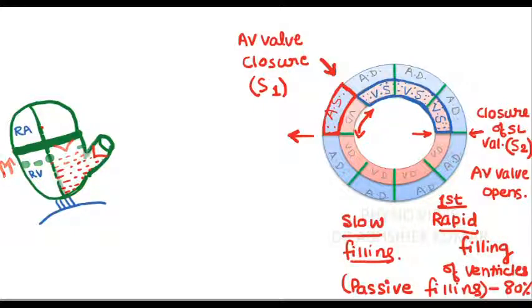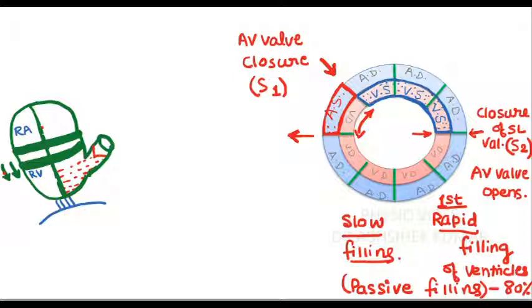Now, two important points should be noted. In the beginning, we saw that as the ventricles contract, this AV septum is pulled down. So when it is pulled down, the pressure in the ventricle increases.